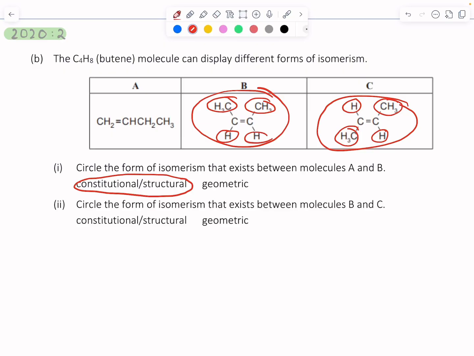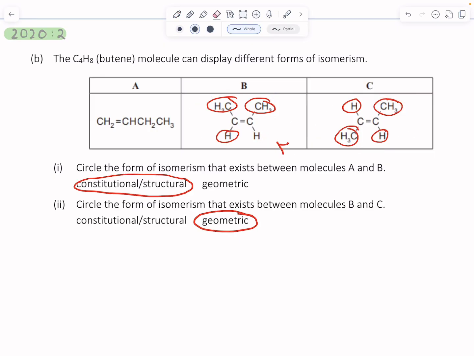And so we've got an identification of cis and trans isomers. Cis and trans isomers are examples of geometric isomers because of their differences in spatial arrangement. And so that is the type of isomerism that is occurring between B and C.